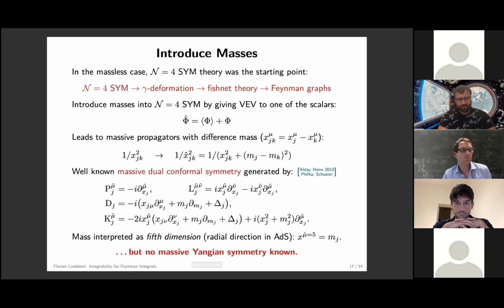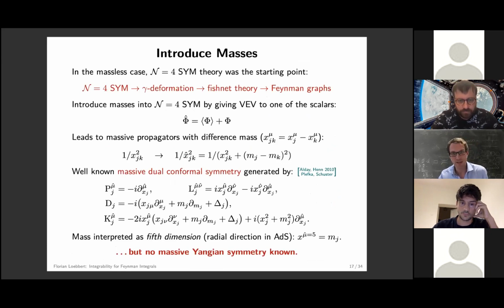Of course, the most natural idea is to look at how these things came about in the massless case, and there the starting point was N=4 super Yang-Mills theory, and via this gamma deformation, one arrives at the Fishnet theory, and one can argue that Feynman graphs have this symmetry. So why not do the same in the massive case and look at N=4 super Yang-Mills theory with masses?